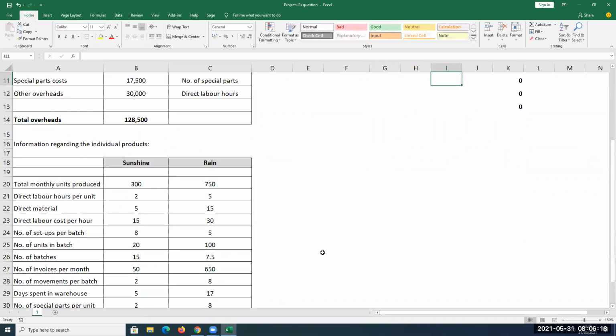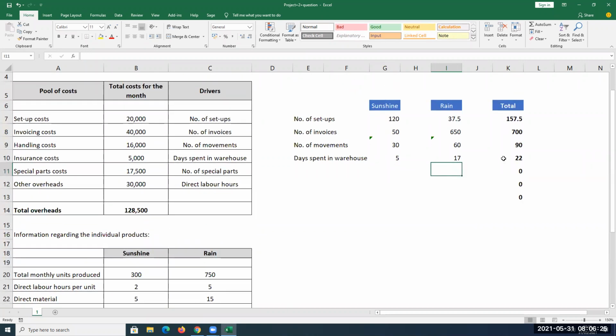So in total we will get 22, 5 plus 17. Next, number of special pots.